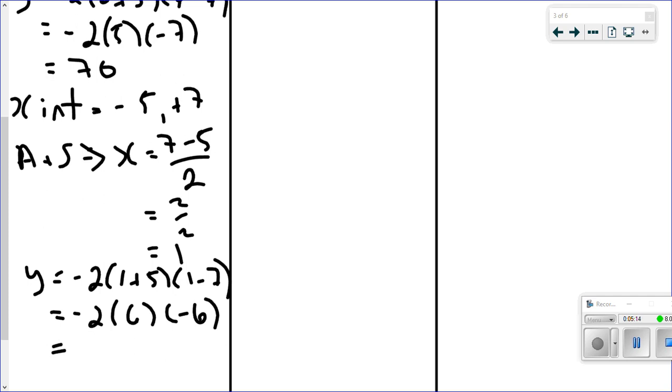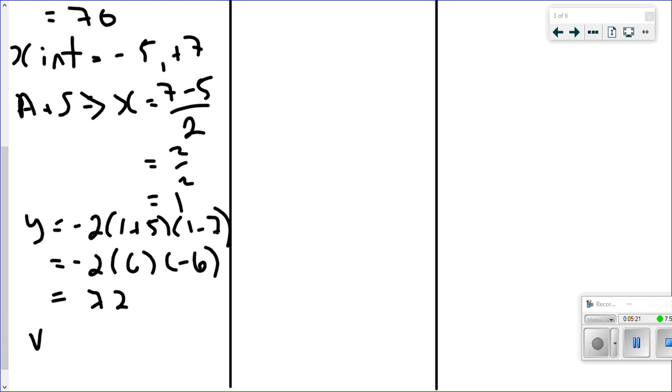Oh, what is that? 6 times 6 is 36, times 2 is 72. Negative, negative. Okay. So the vertex is 1, -72. Remember that closing bracket.